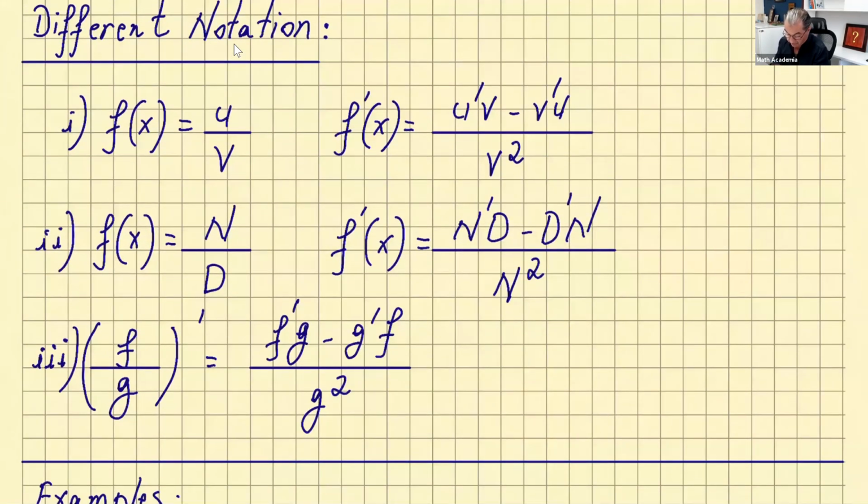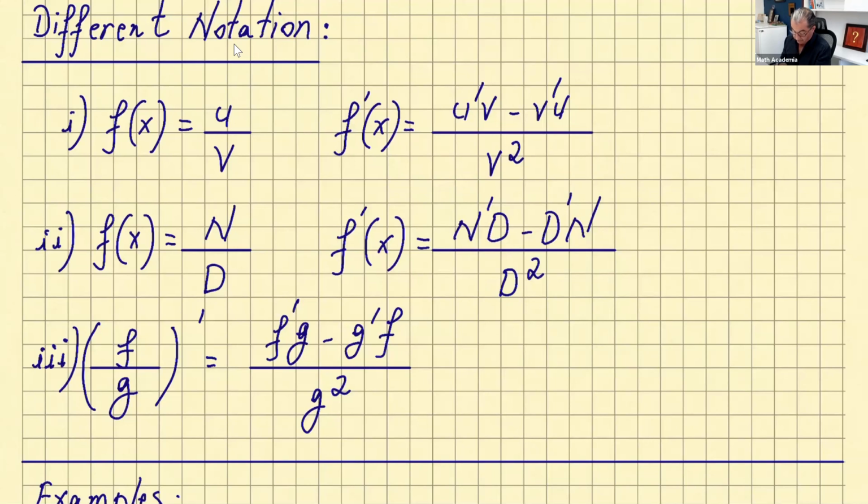Different notations, you can say if f of x is u over v, then f prime of x is u prime v minus v prime u divided by v squared. Or to remember it better, you can say if f of x is numerator divided by the denominator, f prime of x is the derivative of the numerator times the denominator minus the derivative of the denominator times the numerator, and that's all over, not the numerator, but the denominator squared.